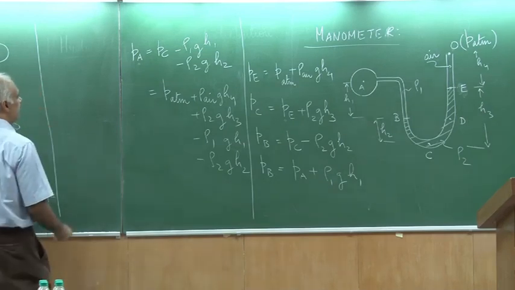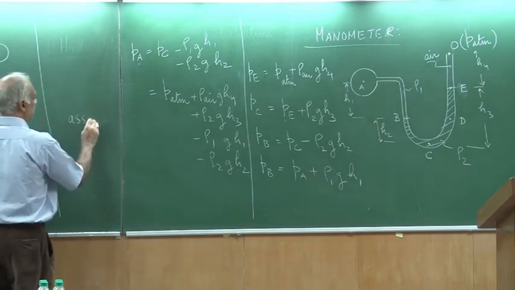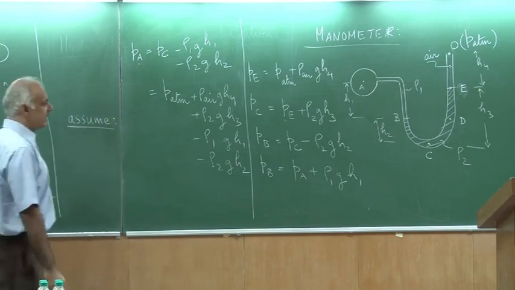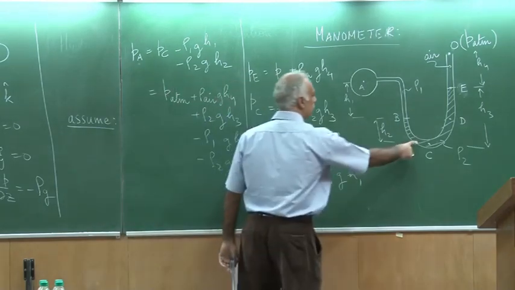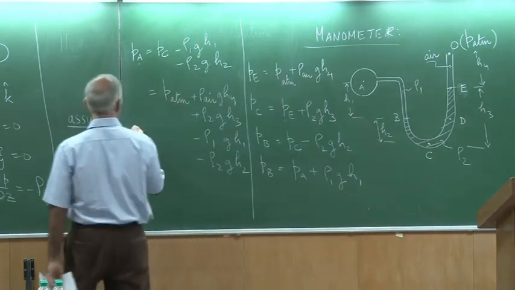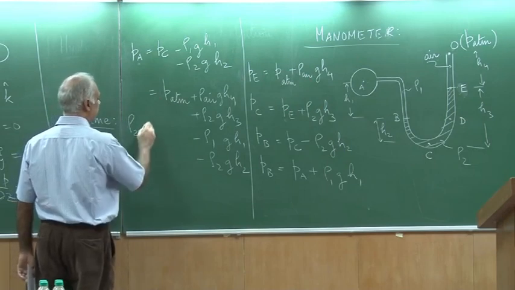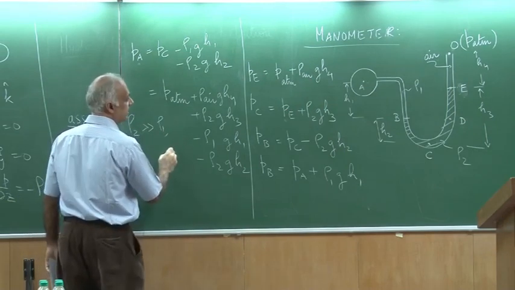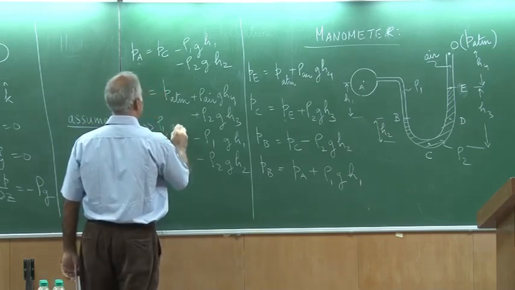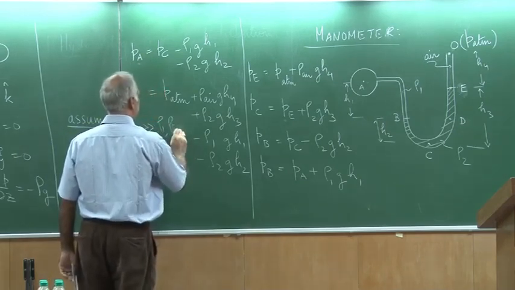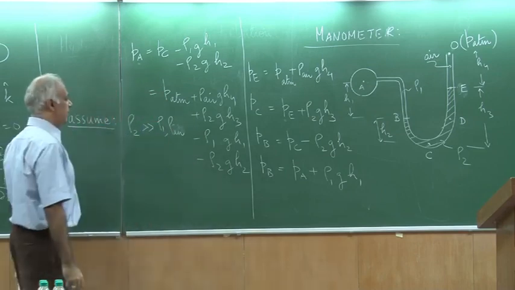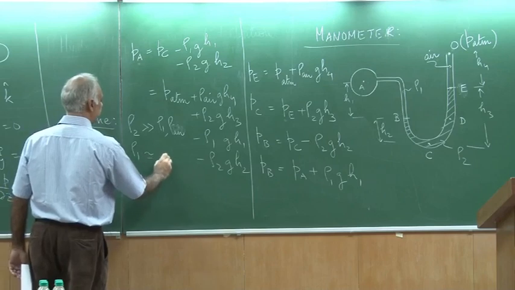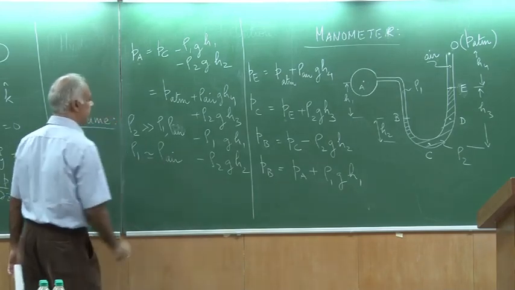I could now make some assumptions. I could say that this fluid rho 2 is a heavy fluid and it is much greater than rho 1 and rho of air. I could also assume that rho 1 is nearly equal to rho of air.